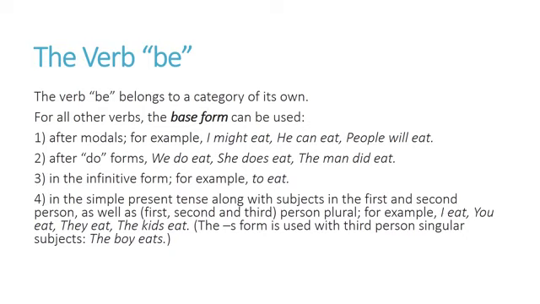Third, in the infinitive form, for example, to eat. And fourth, in the simple present tense along with subjects in the first and second person, as well as third person plural. For example, I eat, you eat, they eat, the kids eat.